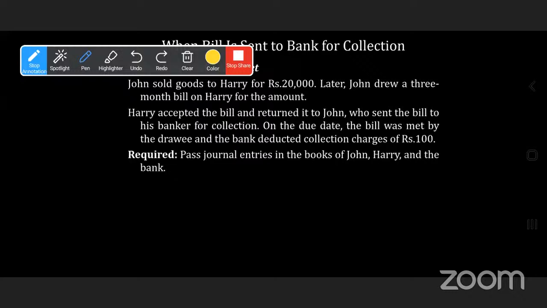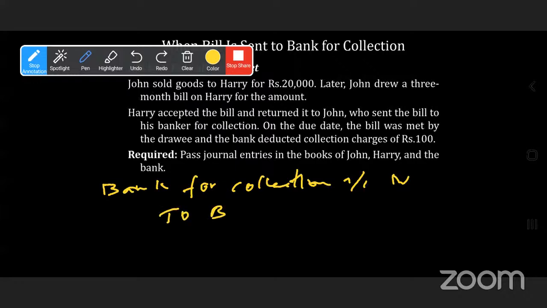So bank for collection account debit to bills receivable account, 20,000. Being bill sent to bank for collection.